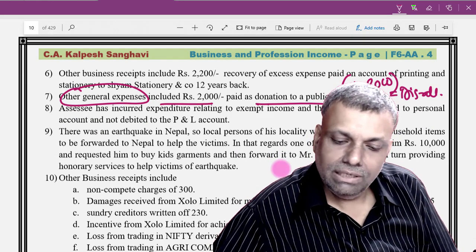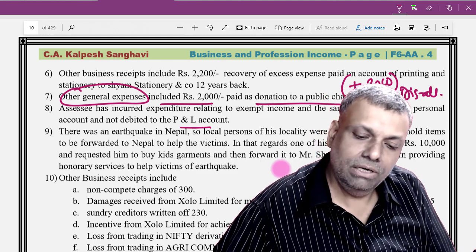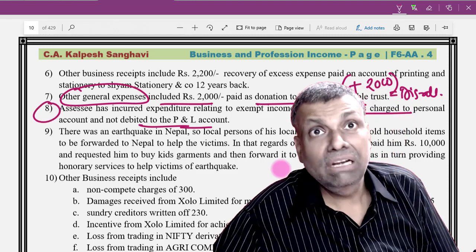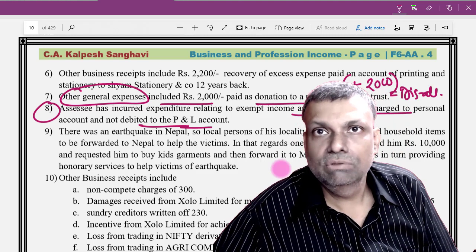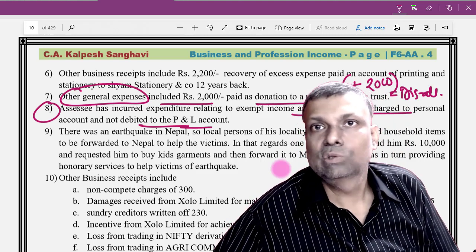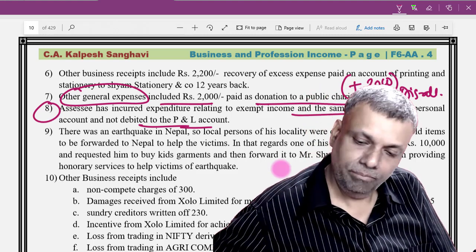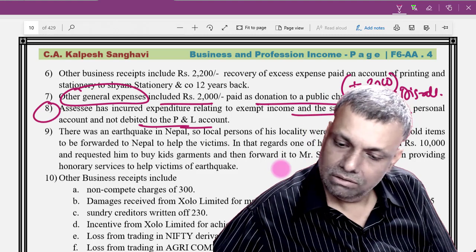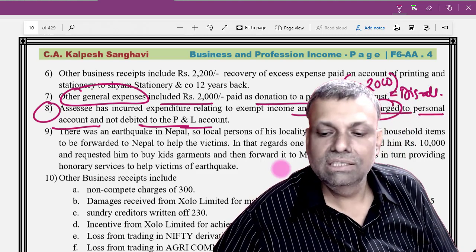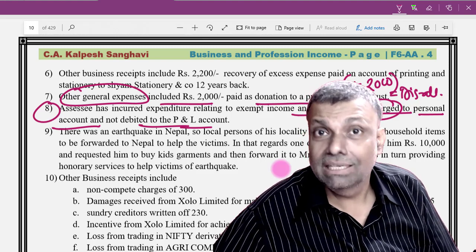Okay. Point number 8. Assessee had incurred expenditure relating to exempt income and the same was charged to the personal account, not debited to the P&L. This is one of the very good principles: any expenditure which you incur for earning exempt income, that means income which is not taxable, that particular expenditure also will not be deductible. This amount was charged to the personal account, which means you have not debited it to the P&L, so you have not claimed it as an expenditure.